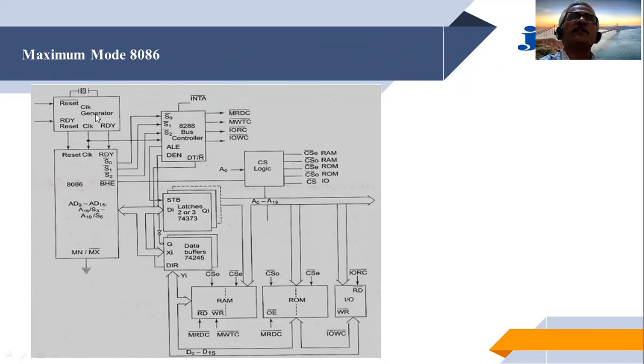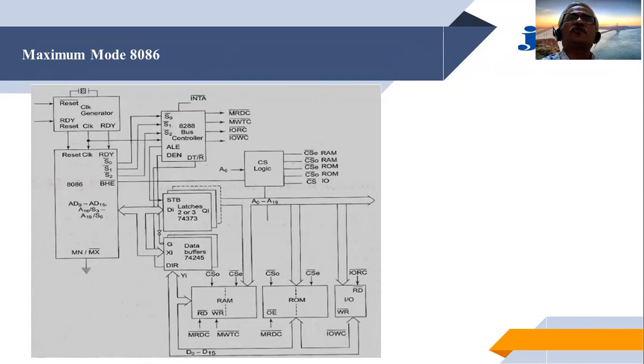We definitely require the clock generator for the 8086 to operate, because it doesn't have its own clock generator. So we have to have the clock generator in the minimum mode as well as the maximum mode. As said, the three signals which are available on the 8086, S0 bar, S1 bar, S2 bar, act as input to the 8288 bus controller.